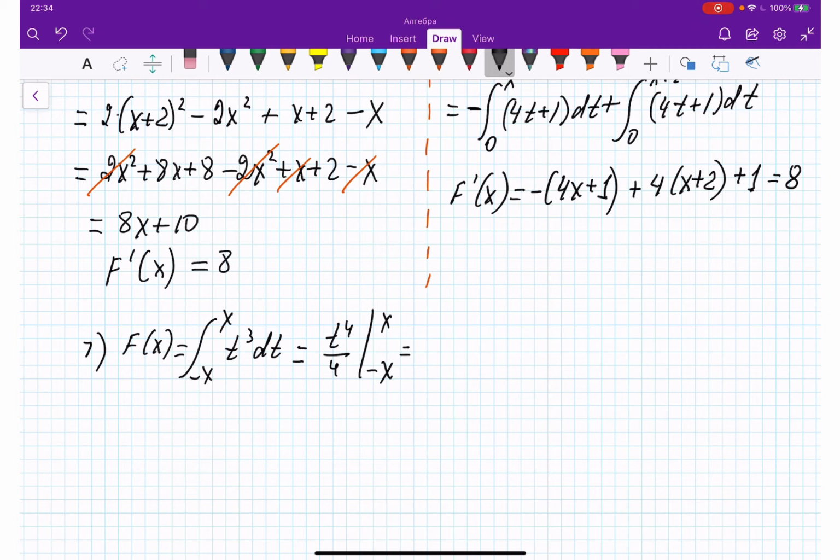Okay, let me solve it. One second. Let me plug it in. It's going to be x to the power 4 over 4 minus negative x. Okay, let me write it down a better way.